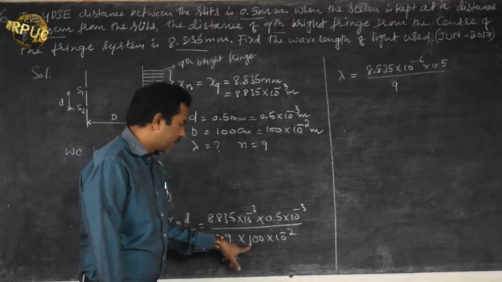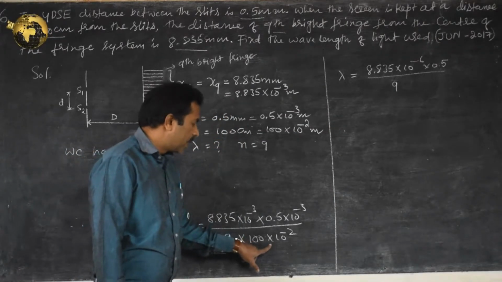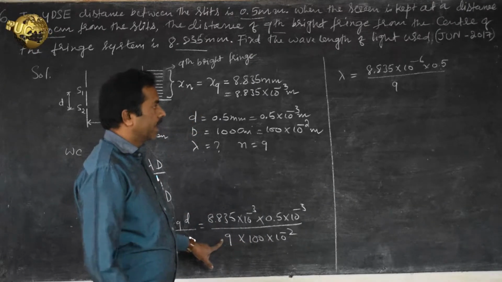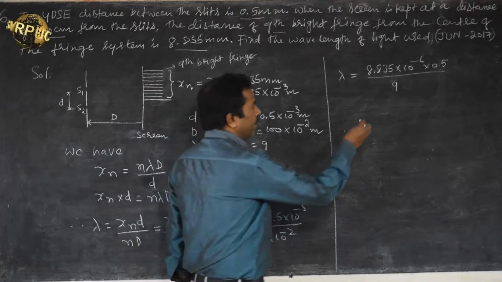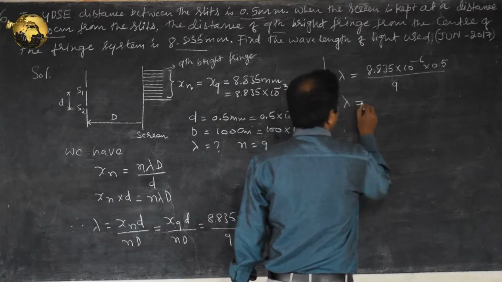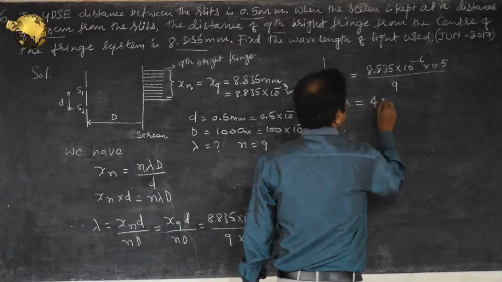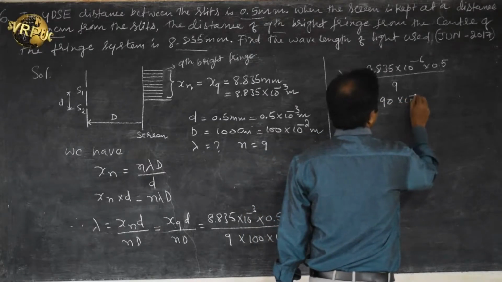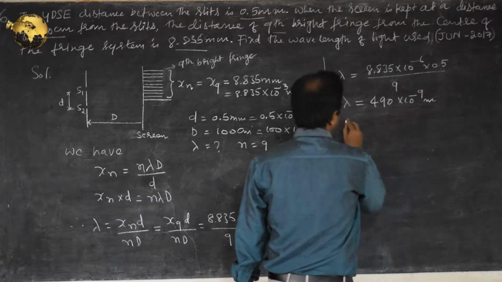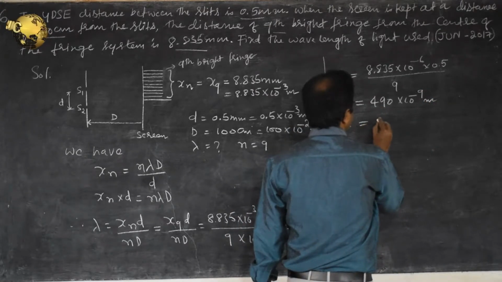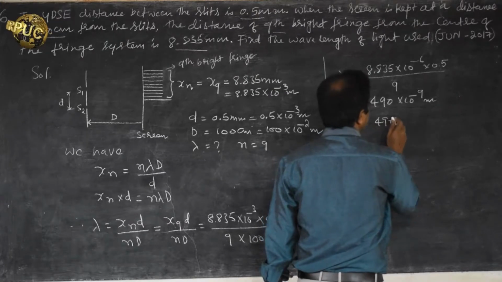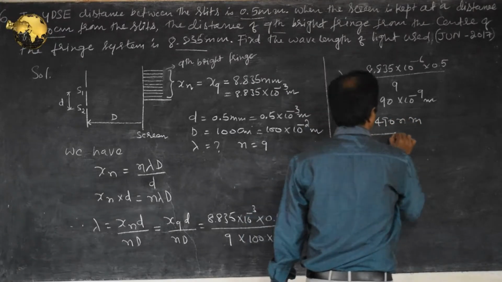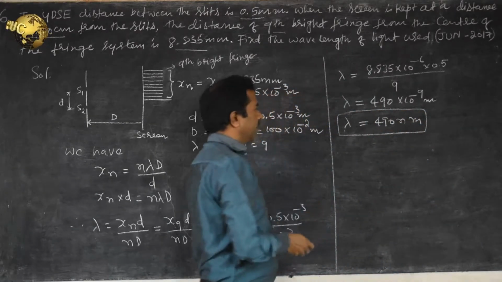The 10 to the power plus 2 multiplied with 10 to the power minus 2 get cancelled, so in the denominator 9 is remaining. If you solve this you will get lambda equal to 490 into 10 to the power minus 9 meter, and lambda is equal to 490 nanometer. So this is the wavelength required.